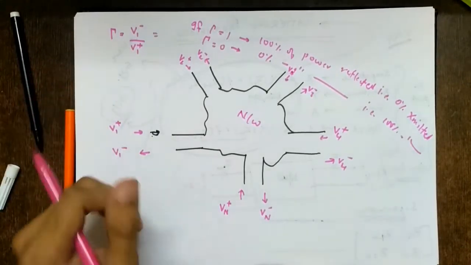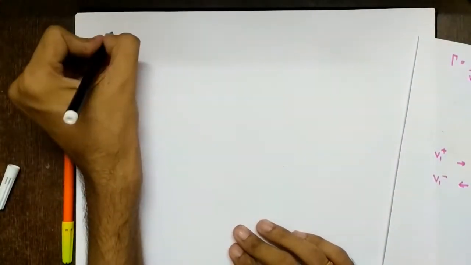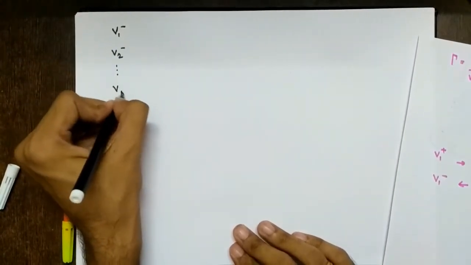So the scattering matrix is defined in relation to these incident and reflected voltage waves. Let me write how we define it. V1 minus, V2 minus, dot dot till Vn minus.